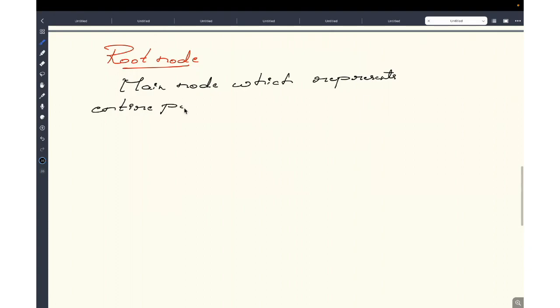Just like the foundation of any tree is a root, same way, root node in our decision tree is basically a main node which represents the entire population, which gets split into decision nodes.